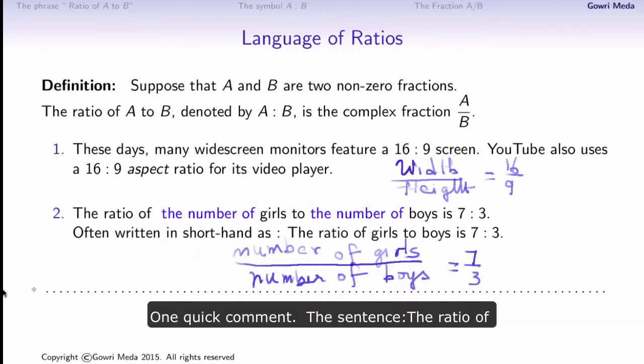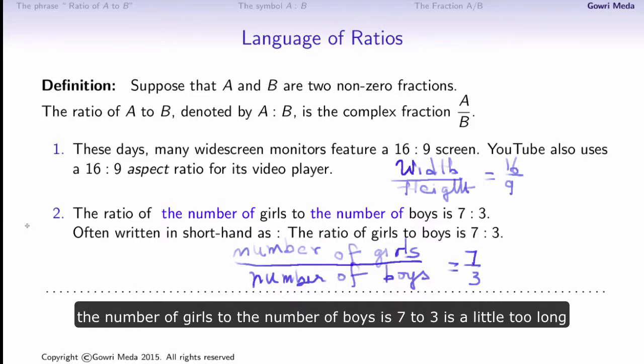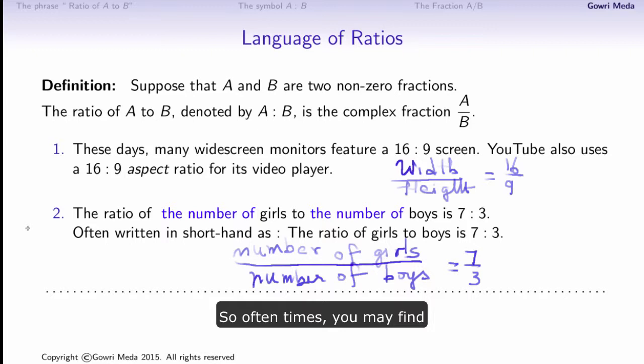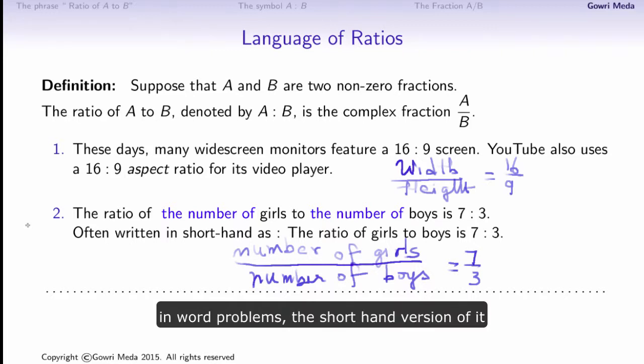One quick comment. This sentence is a little too long, so oftentimes you may find in word problems the shorthand version of it: the ratio of girls to boys is 7:3.